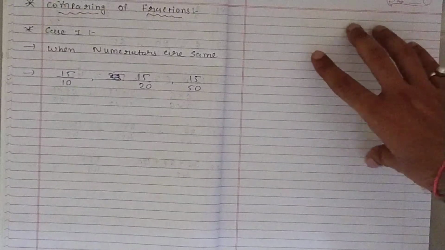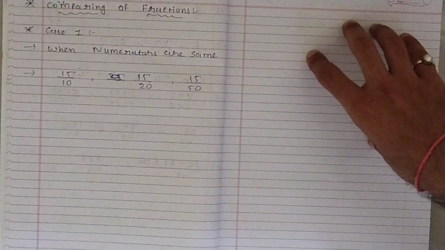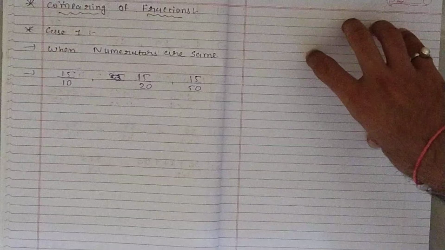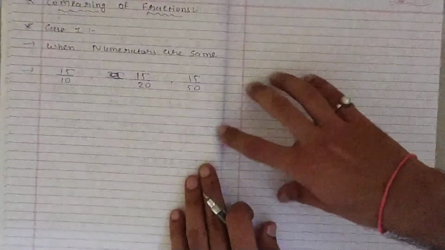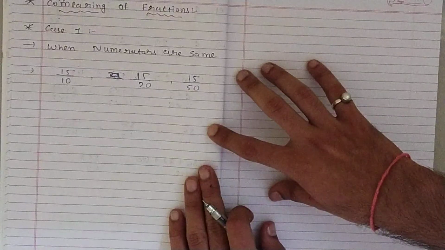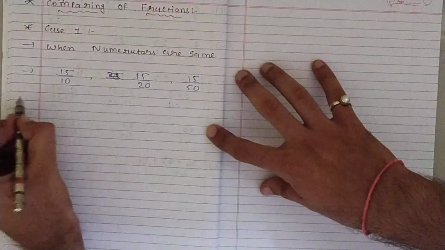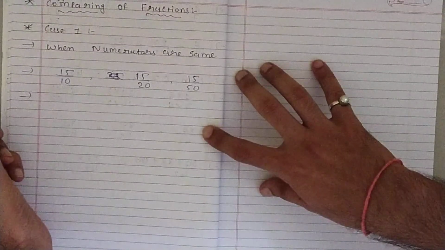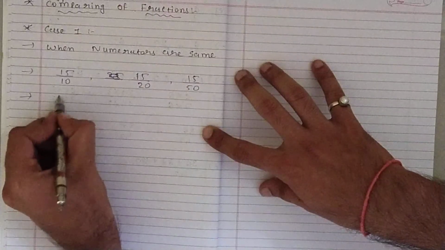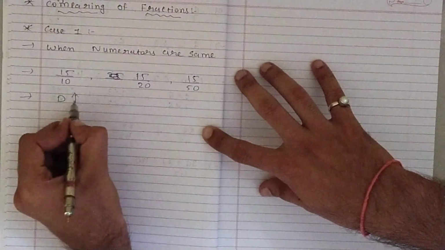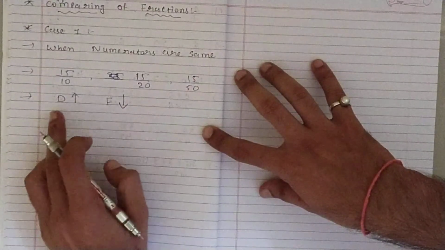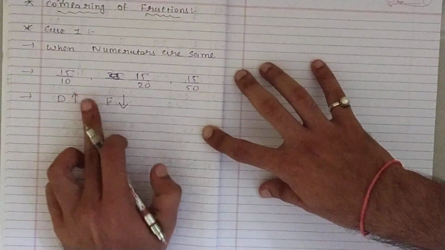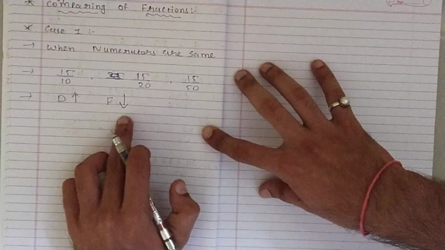Here if you observe, in all three the numerator is same, that is 15, okay, but the denominators are varying. So how will you decide which fraction is bigger and which fraction is smaller? You have to observe the denominator. जिसका डिनोमिनेटर जितना बड़ा होगा वो फ्रैक्शन उतना ही छोटा होगा. As the denominator increases, the fraction value decreases.